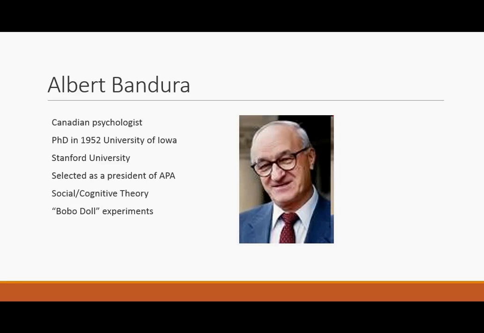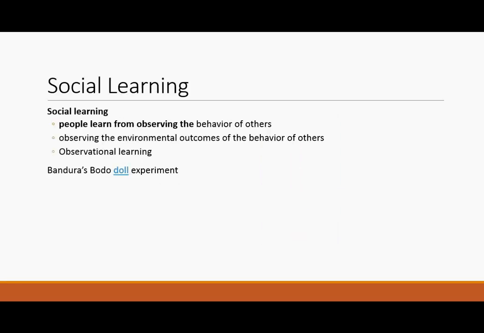It has to do with watching someone perform a behavior, get reinforced or punished, and then learning from watching somebody else whether we want to perform the same action. People learn from observing the behavior of others, observing the environmental outcomes of the behavior of others. This is called observational learning.